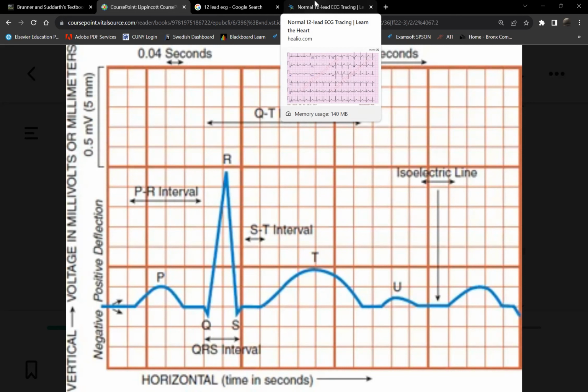So therefore, the whole duration is less than 0.12 seconds, correct? The whole entire QRS complex. So each small bump is what? 0.04. So how much is the less than? 0.08, correct? So is it less than 0.12 seconds?